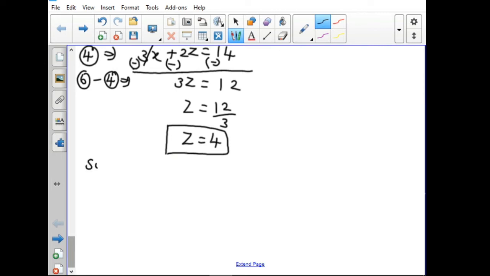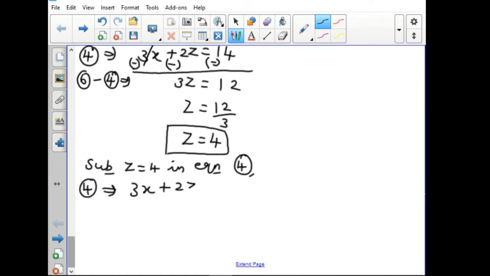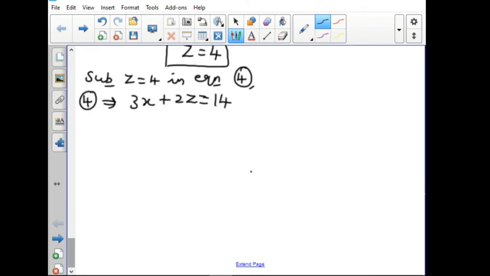I am going to substitute z equal to 4 in equation 4. Equation 4 is 3x plus 2z equal to 14. Here you have to substitute the value of z.